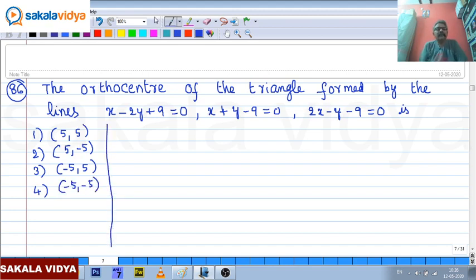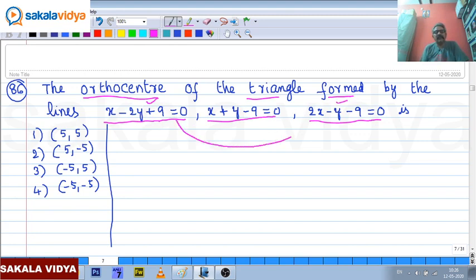Okay, see the orthocenter of the triangle formed by the lines x minus 2y plus 9 is equal to 0, x plus y minus 9 is equal to 0, 2x minus y minus 9 is equal to 0. So now check, actually here this line and this line are perpendicular. Then point of intersection of these two lines is the orthocenter. You check it now.